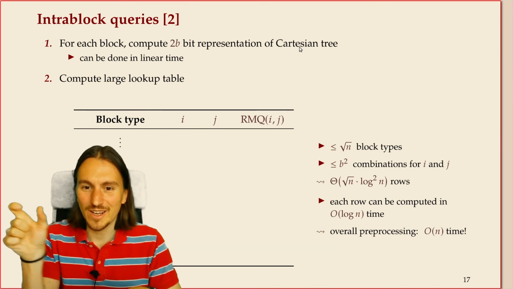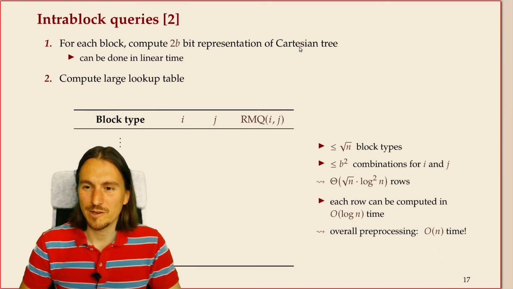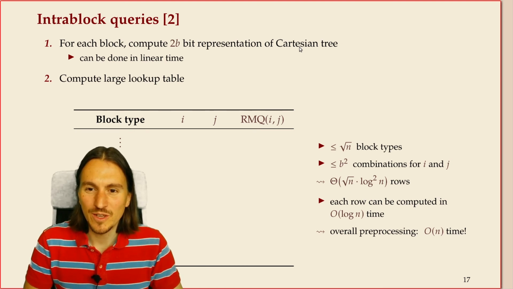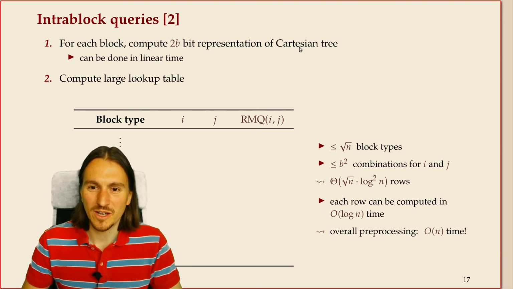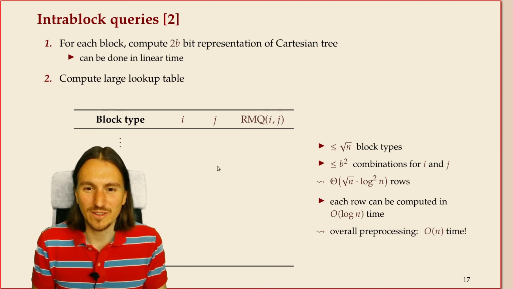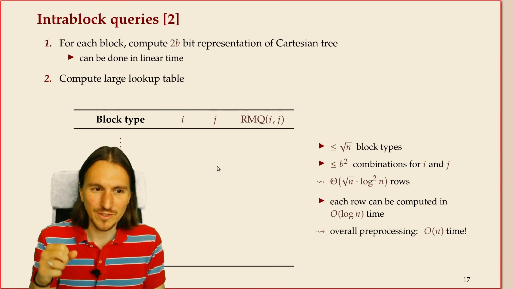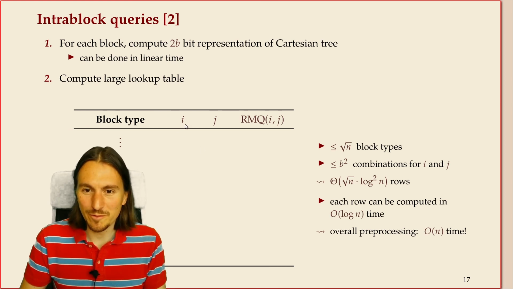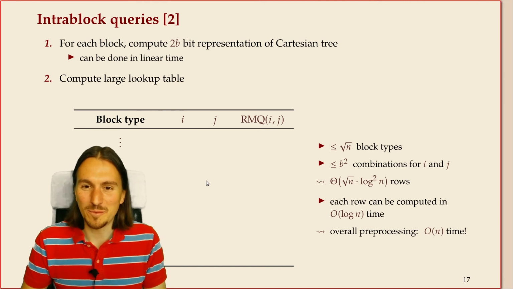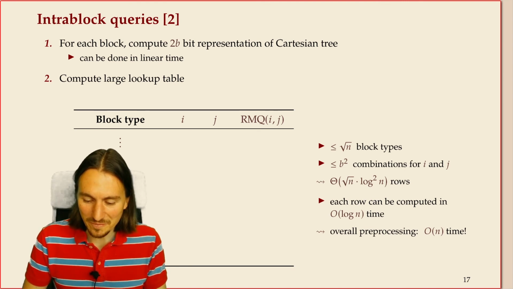All these little instances of the problem can only be 1 out of square root n different shapes. And so we can afford to pre-compute them all and thereby circumvent the fact that just given the Cartesian tree, it's fairly hard to find lowest common ancestors efficiently. But if we have this lookup table, it's just a lookup. It's just an access in one big array.